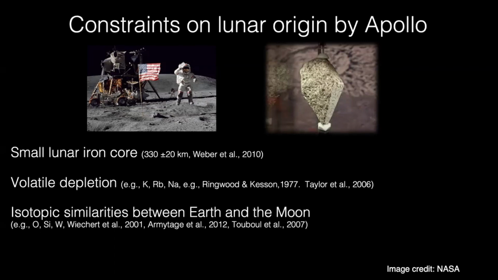This was quite surprising because we thought that each body has its unique isotopic signatures. In fact, Earth and Mars have very different isotopic ratios. So originally we thought that the Earth and the Moon would have very different isotopic ratios, but that was not the case. So this was a very surprising result. The volatile depletion and isotopic similarities have been found through analyzing lunar rocks.